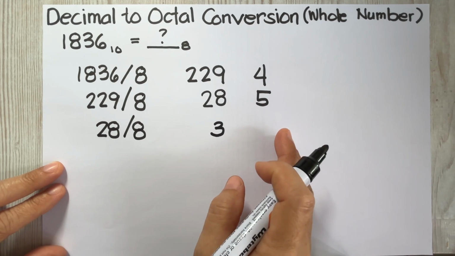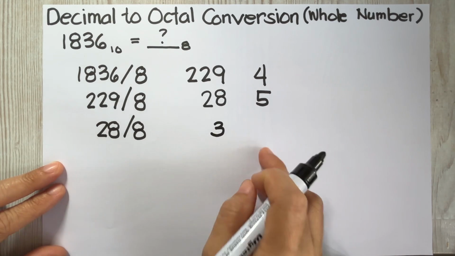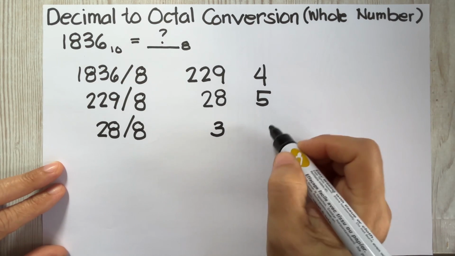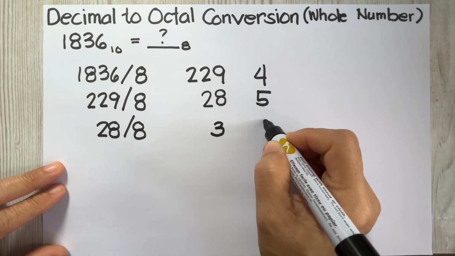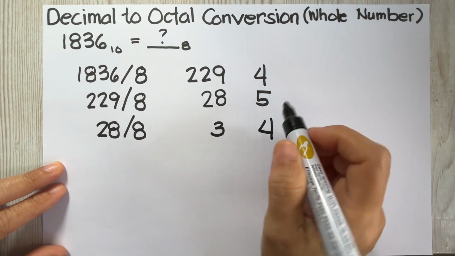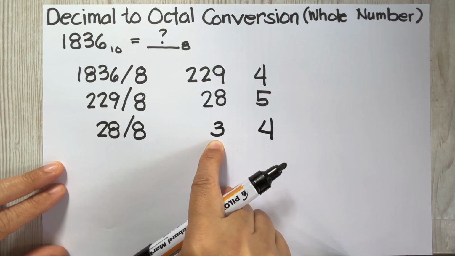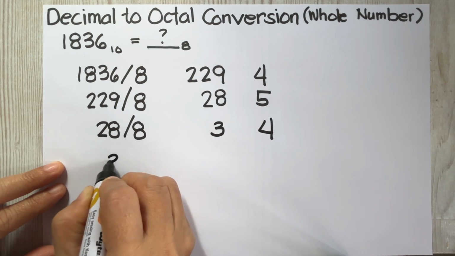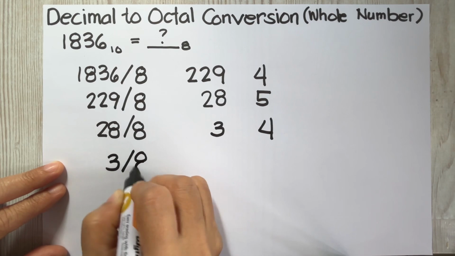The fractional part from 3.5 is 0.5. 0.5 times 8 is 4, so the remainder is 4. Now this 3 will again be divided by 8.